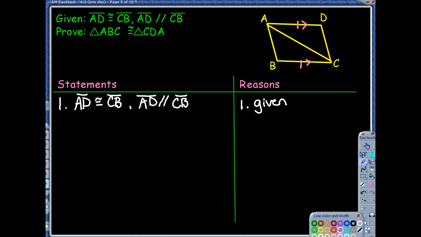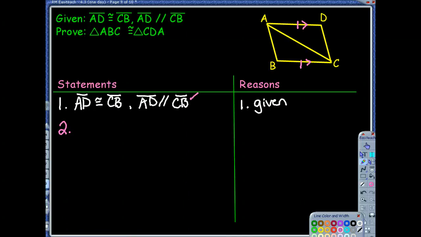I'm thinking back to last chapter, and I remember when we talked about parallel lines, or parallel segments in this case, that automatically meant that we had some special angle pairs that could either be congruent or supplementary. And since we're trying to prove congruent, we're probably going to say something about congruent angles. Now, the way you could start this is either way. I'm going to feed off of that parallel.